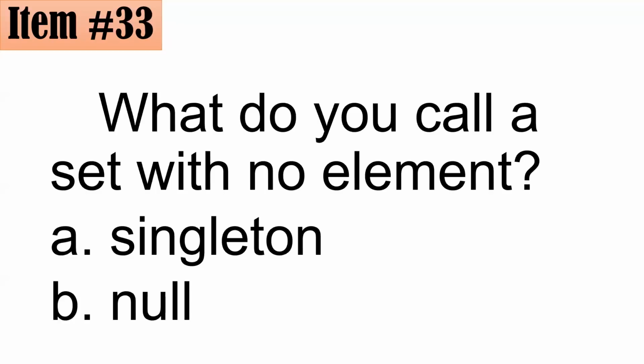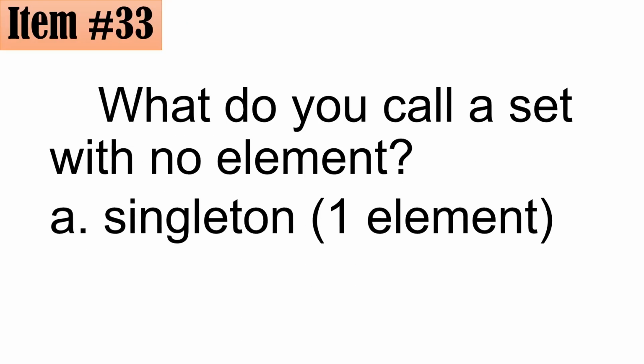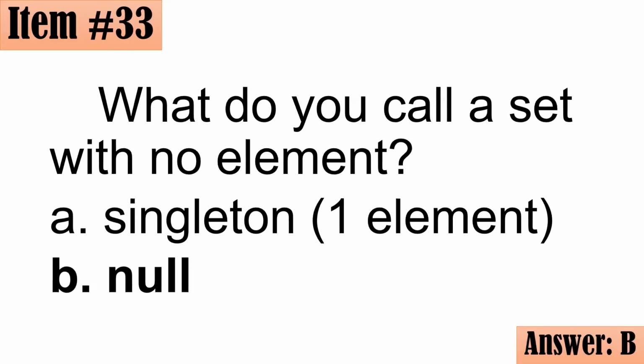33. What do you call a set with no element? Is it A, singleton, or B, null set? Okay, very good. Many of us answered the other letter, but a few answered letter A. The correct answer is letter B, null set.